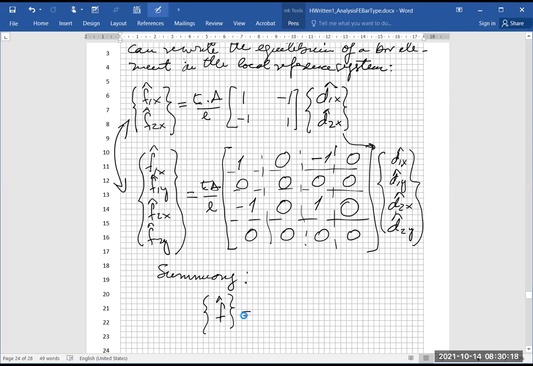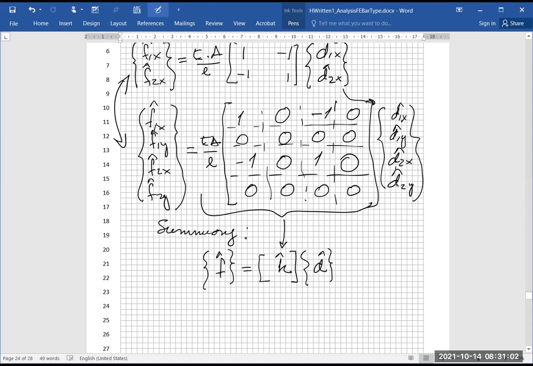And that's going to be equal to the K matrix in the local reference system multiplied by the displacement of the joints in the local reference system. But now this K is equal to this K, considering both components. We recognize that since we're working with bars, the vertical line here should not contribute to the strength of the element. And we have to just fill it with zero.